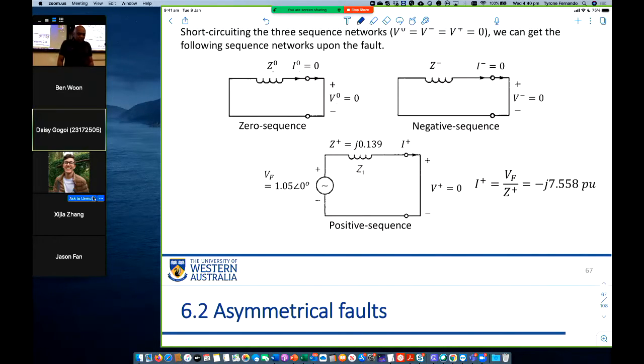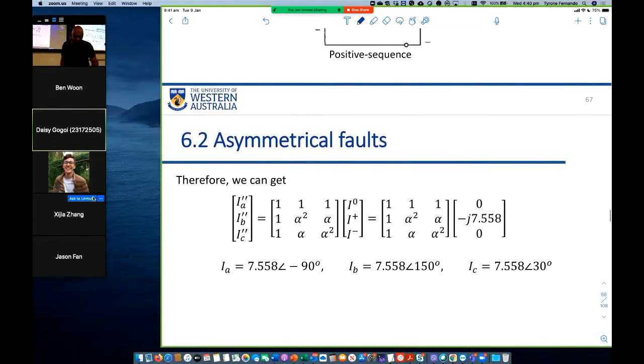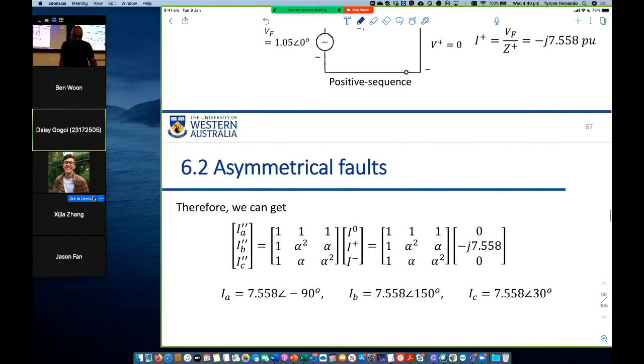The positive sequence current we can calculate because you have a voltage source and you have an impedance; divide the voltage source by the impedance, and we have the positive sequence current. Because this is now a balanced circuit, we implement it by just putting a short circuit across the terminals, and we calculate the currents. So now we know the zero sequence current, positive sequence current, negative sequence current.